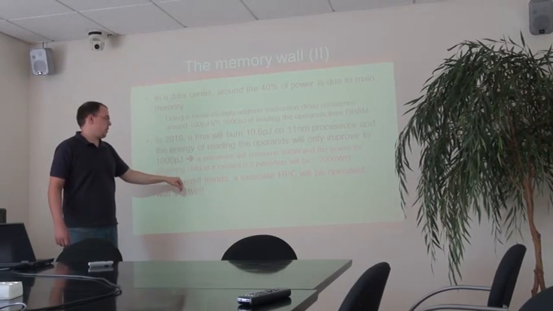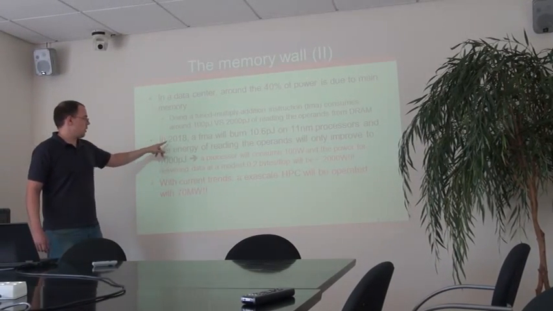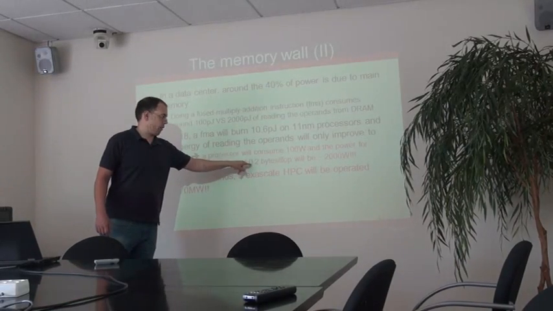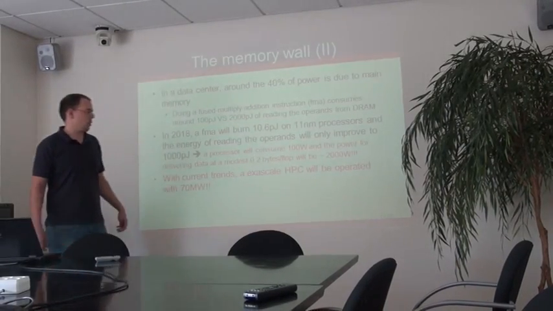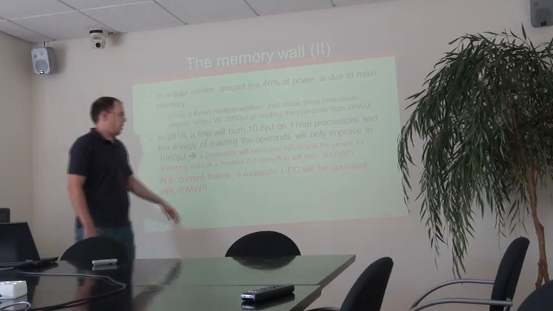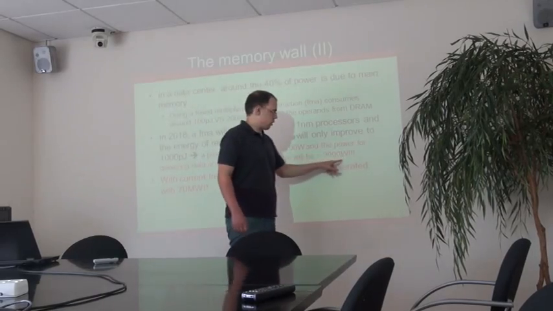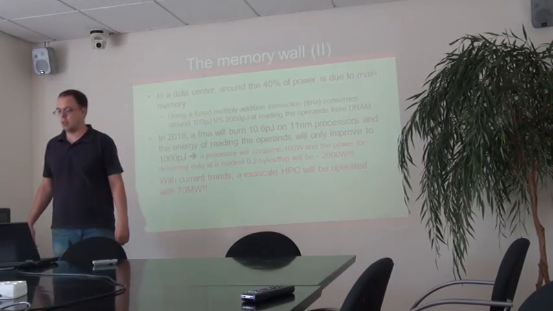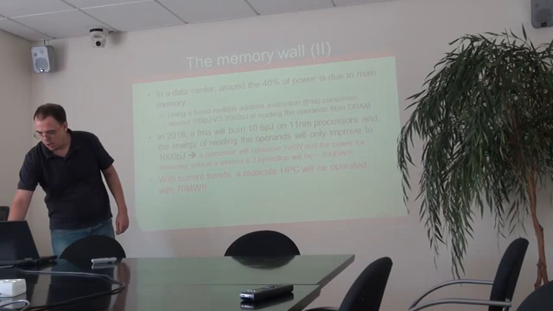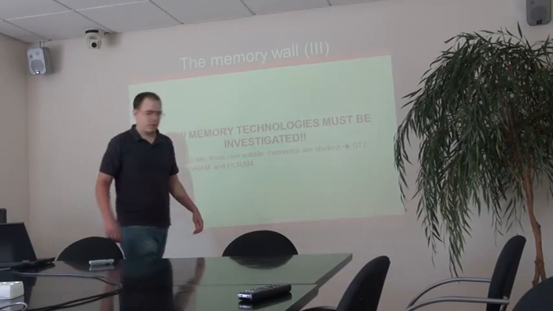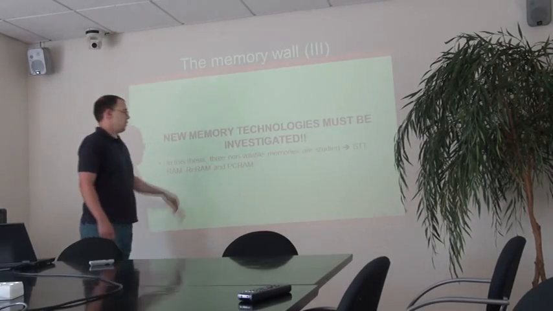So with current trends, even in 2018, with a modest bandwidth of 0.2 bytes per flop, which is very low, the cost of reading operands from memory is 2000 picojoules. So the conclusion is that new memory technologies must be investigated.